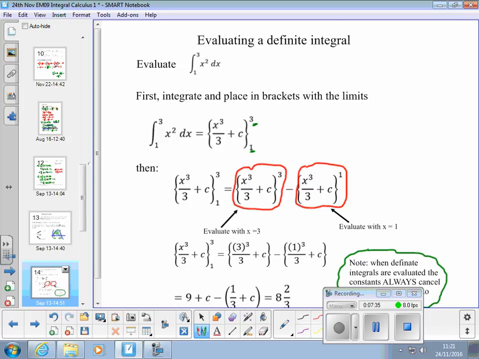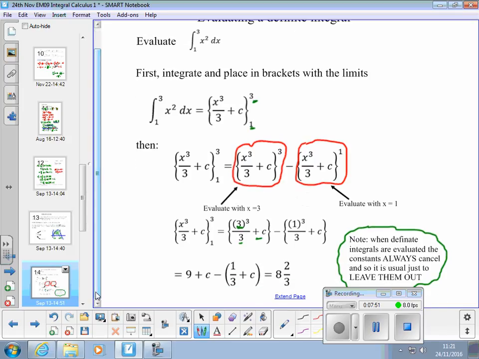So we've got 3 cubed over 3 plus c, and in here we replace x with the lower limit, 1 cubed over 3 plus c, and then we evaluate each of these.